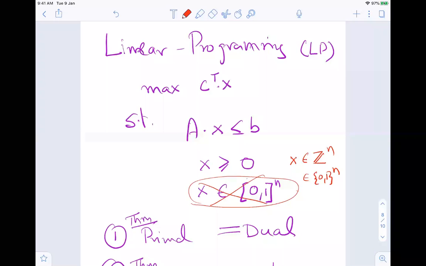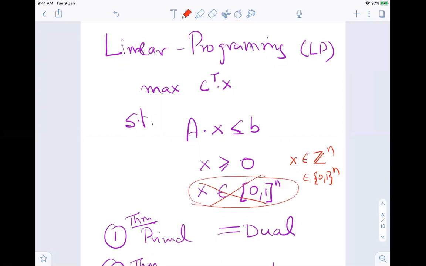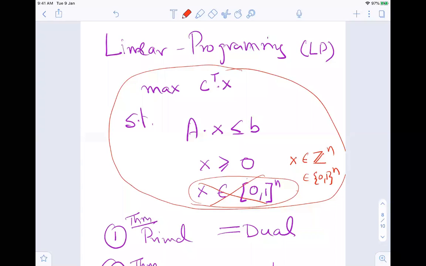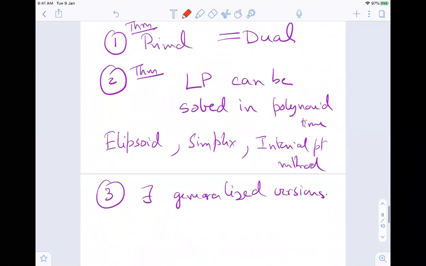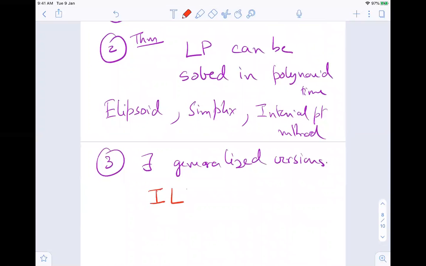For example, what is the maximum matching that you can have, or the maximum length of the longest common subsequence, or many of these questions that we have seen till now. All of them can be written in this form, not with the reals, but with this. These are called ILP, or integer linear programming.